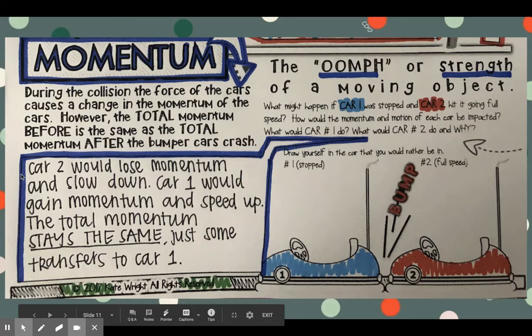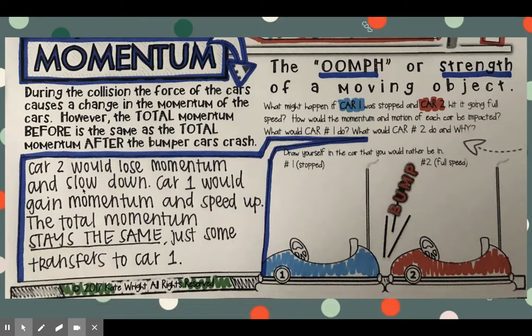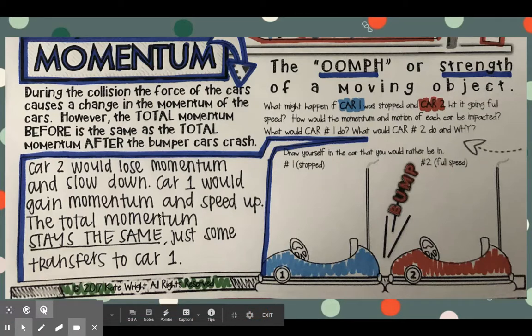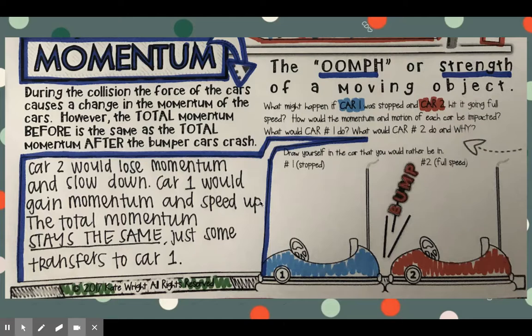Car 2 would lose momentum and slow down. Car 1 would gain momentum and speed up, but the total momentum stays the same, just some transfers to car 1. That momentum always staying the same is like the law of conservation of energy, or the law of conservation of momentum. If you would like, you can put the definition of momentum in the checkpoint, but it's not necessary.